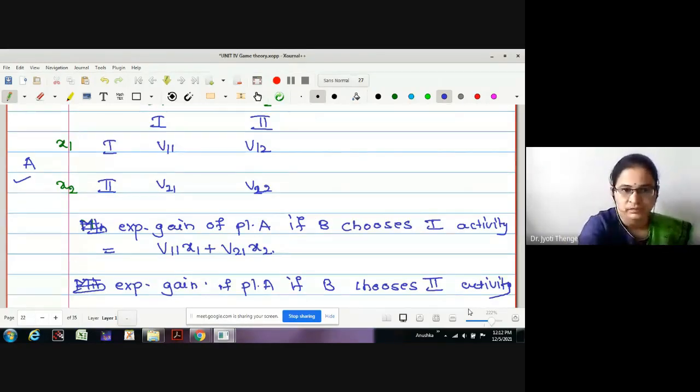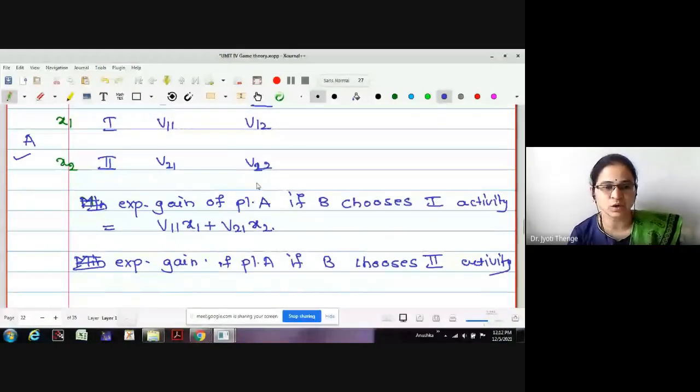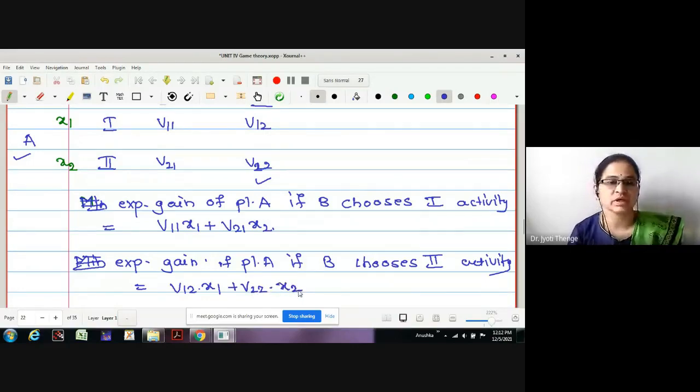Now B chooses the second activity. What will be the expected gain? V12 into x1 plus V22 into x2. Is there any doubt up to this?